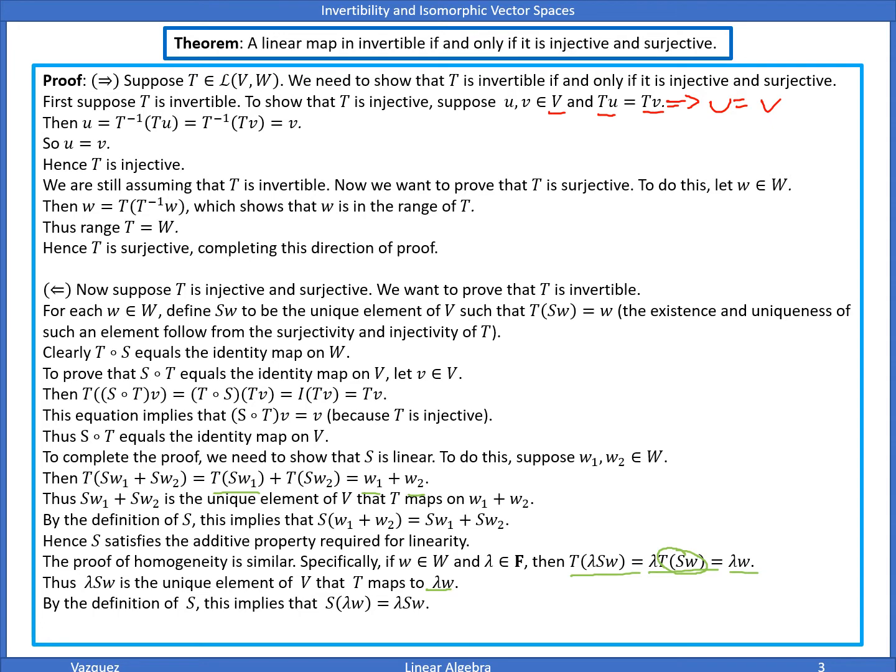Therefore, we get the homogeneity, and therefore S is linear.